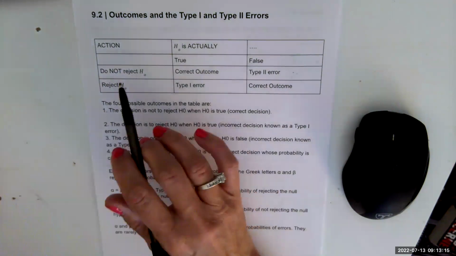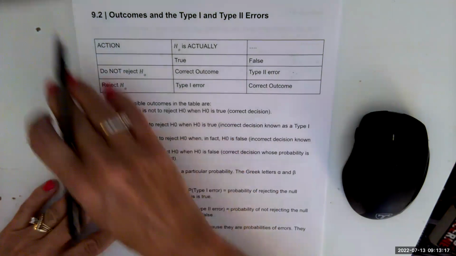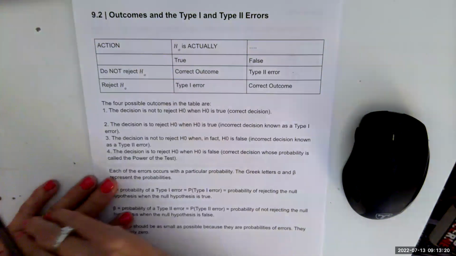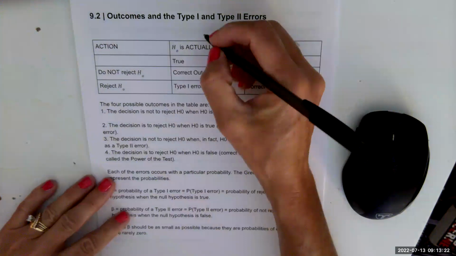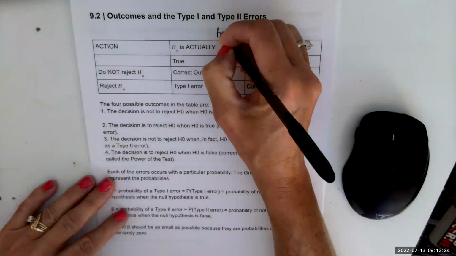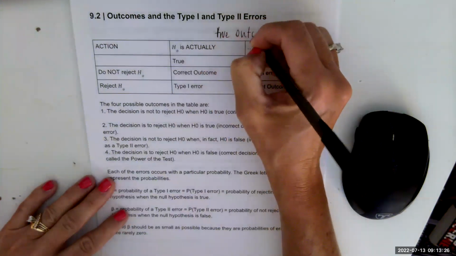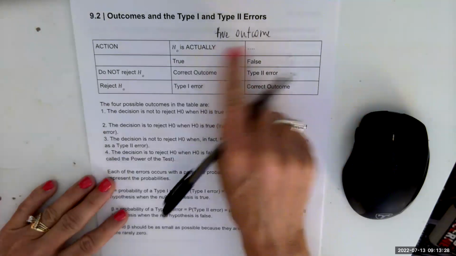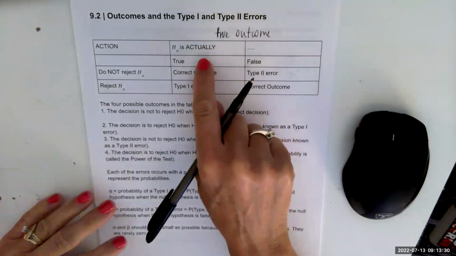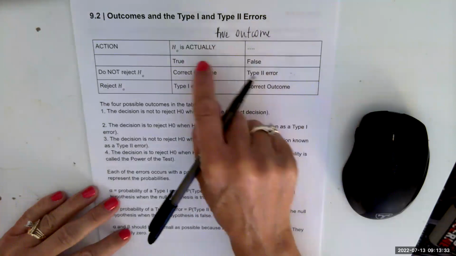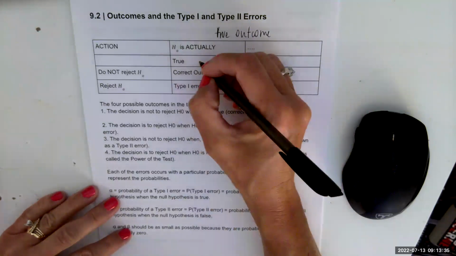So when we're testing a hypothesis, it's like saying that I was accused of stealing, okay? So the true outcome is what we always write up here. So the true outcome here is true or false. I stole, I did not steal.